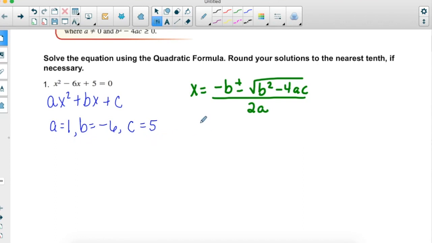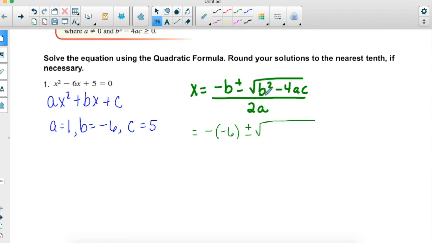Okay, so here we have negative b. So we're going to keep that negative, but instead of b, we're going to substitute negative 6. So we have negative negative 6 here, plus or minus, then the square root.